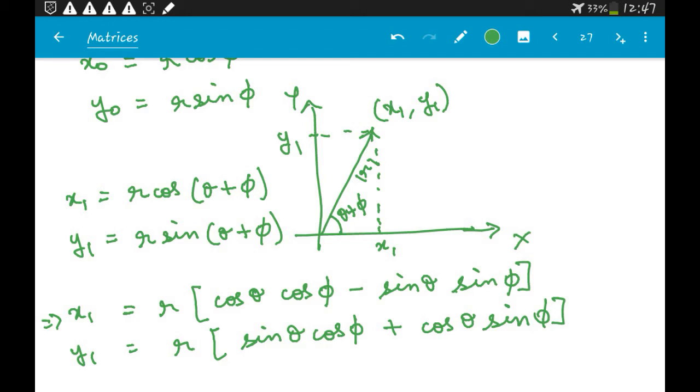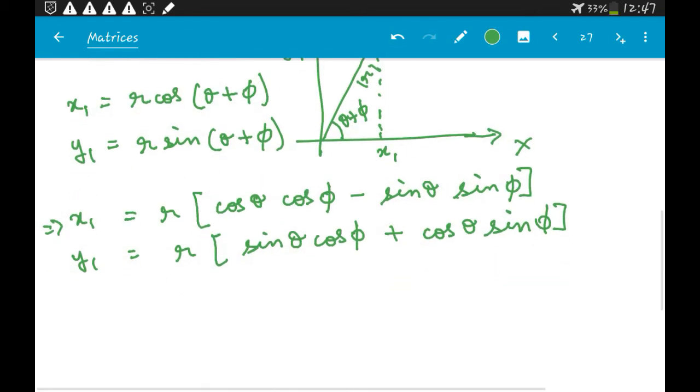You should remember these formulas, because there will be questions about such kinds of transformations. If you don't know these formulas, it will be very difficult for you.